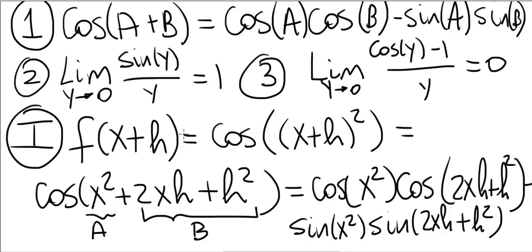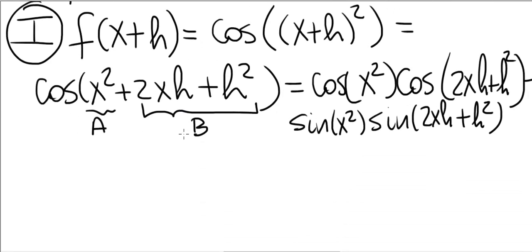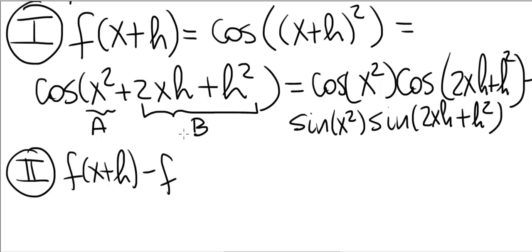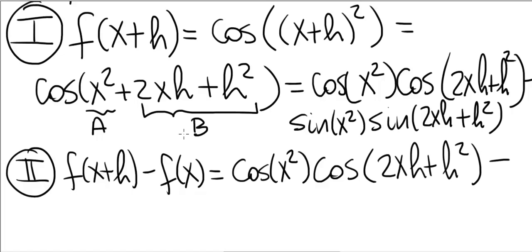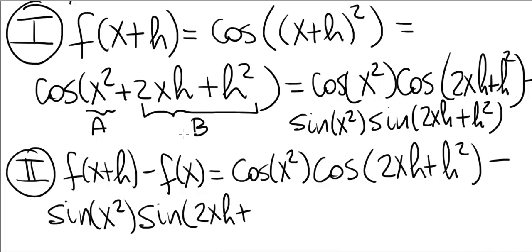Let's go to step number 2. In step number 2 of this four-step process, we compute f of x plus h and subtract f of x. So we already know f of x plus h, that is cosine of x squared times cosine of 2xh plus h squared minus sine of x squared times sine of 2xh plus h squared, and then we subtract f of x, which is cosine of x squared.